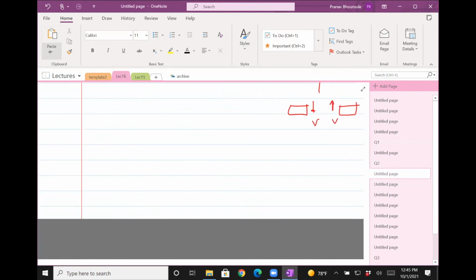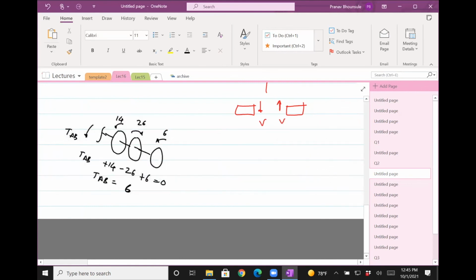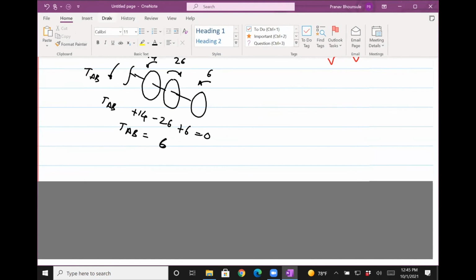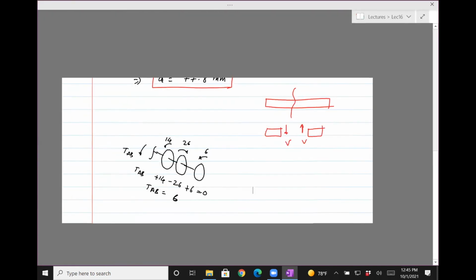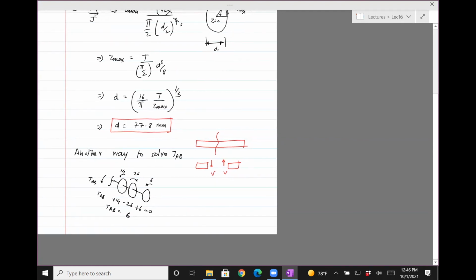But you notice that tau AB is this way, it's positive, counterclockwise, right?